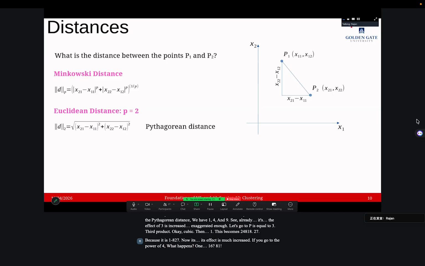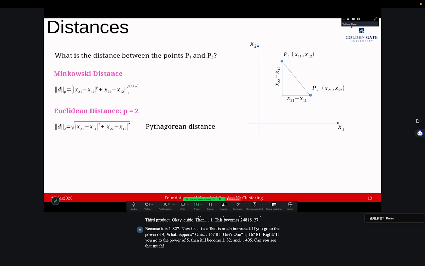If you go to the power 5, it will become 1, 32, and 243. Okay, 1, 32, 243.